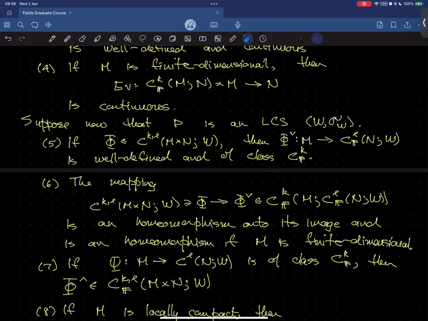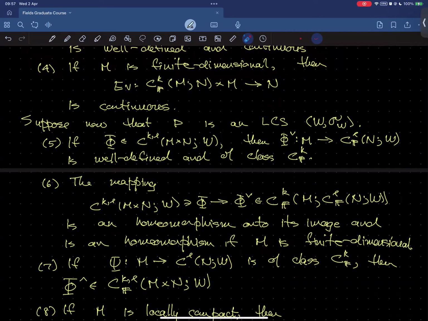So first of all, now we have mappings from products into something. And then we're going to get a mapping from here into the set of mappings from here into here.